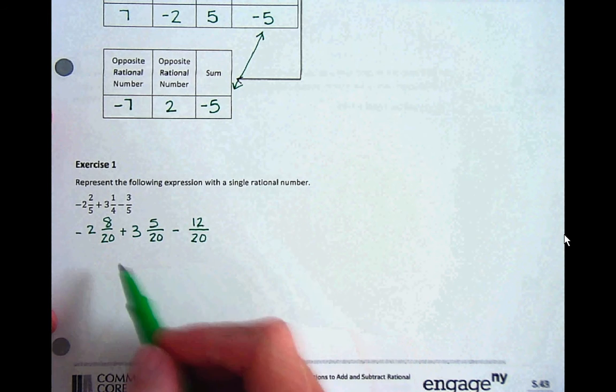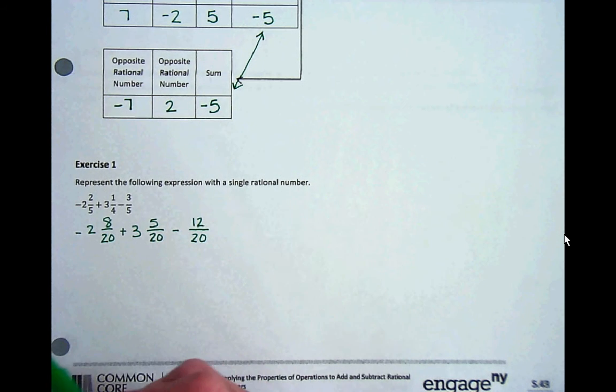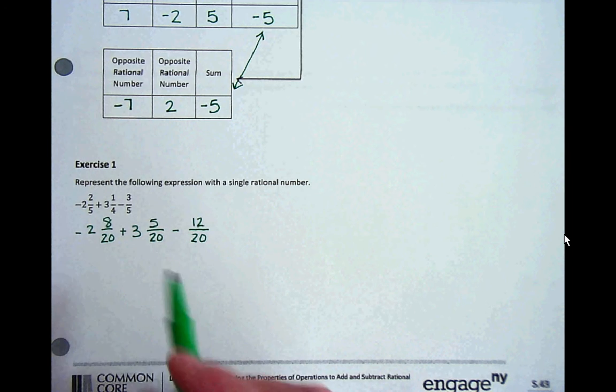What we can do here is put these together as improper fractions.